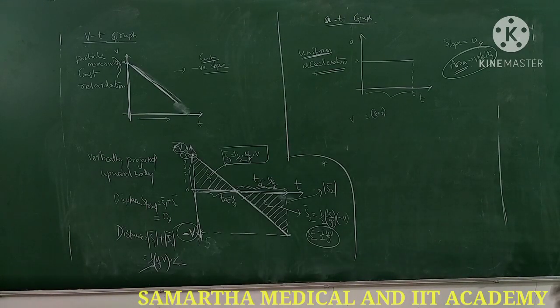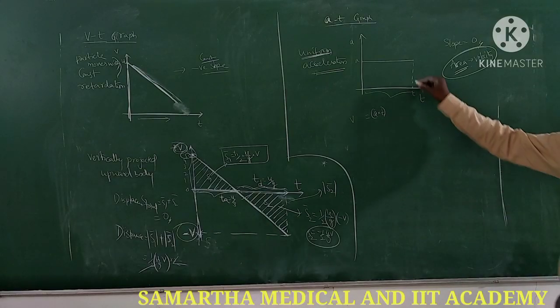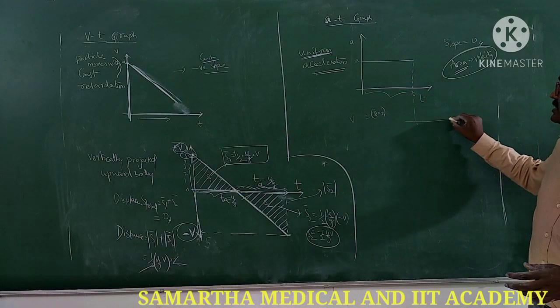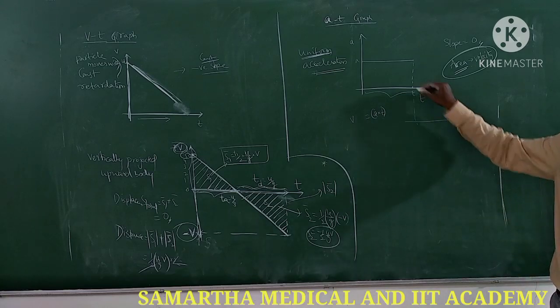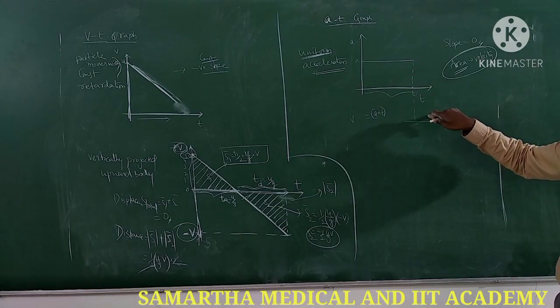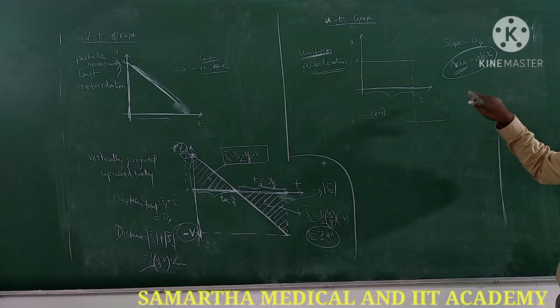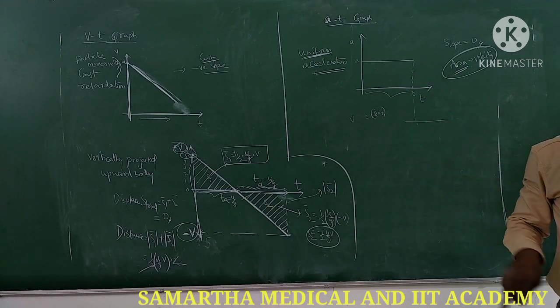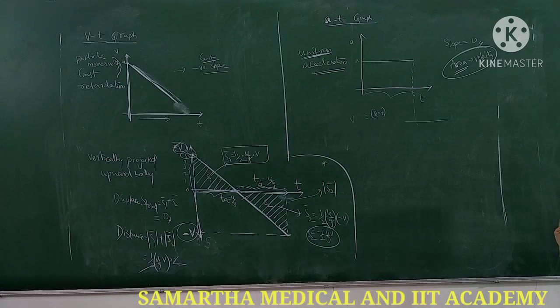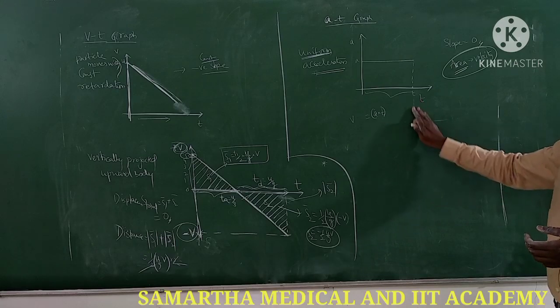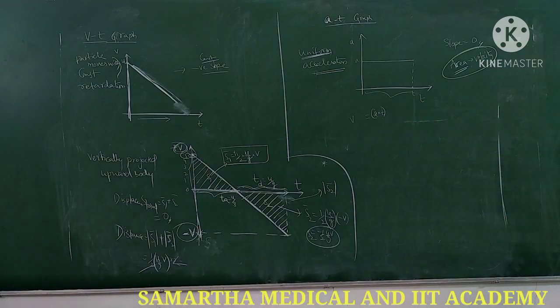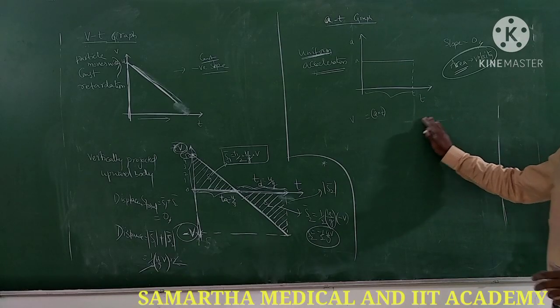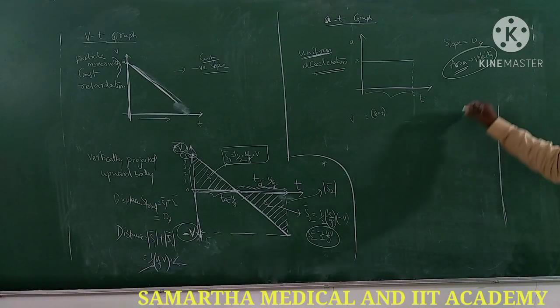Okay? Next. If you get a negative graph also like this, then the area covered is 0. Velocity is 0 for a particular interval of time. But speed is 2 times. Yes, to take velocity you have to observe it.